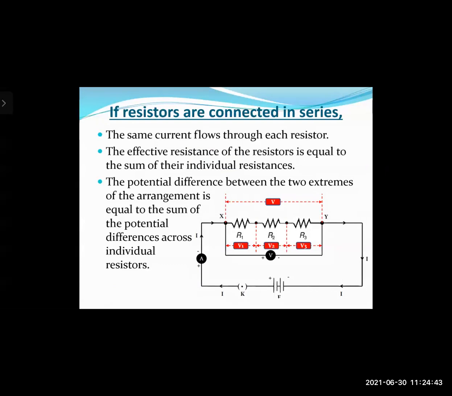That is what we saw in the previous equation, that is RS, the resistance for a series combination, equal to R1 plus R2 plus R3. Then point number 3, the potential difference between the two extremes of the arrangement, that is between point X and point Y, is equal to the sum of the potential differences across the individual resistors, right? That means total voltage V equals V1 plus V2 plus V3.